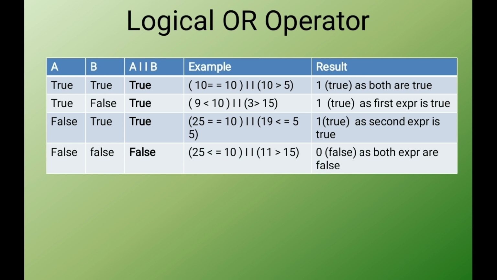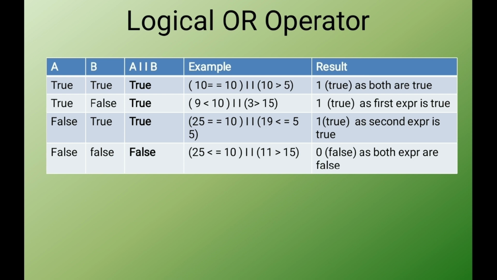Consider the example 10 equal to 2 and 10 greater than 5. Here both expressions are true, so your result is also true. In the second expression, 9 is less than 33 or 3 is greater than 15.